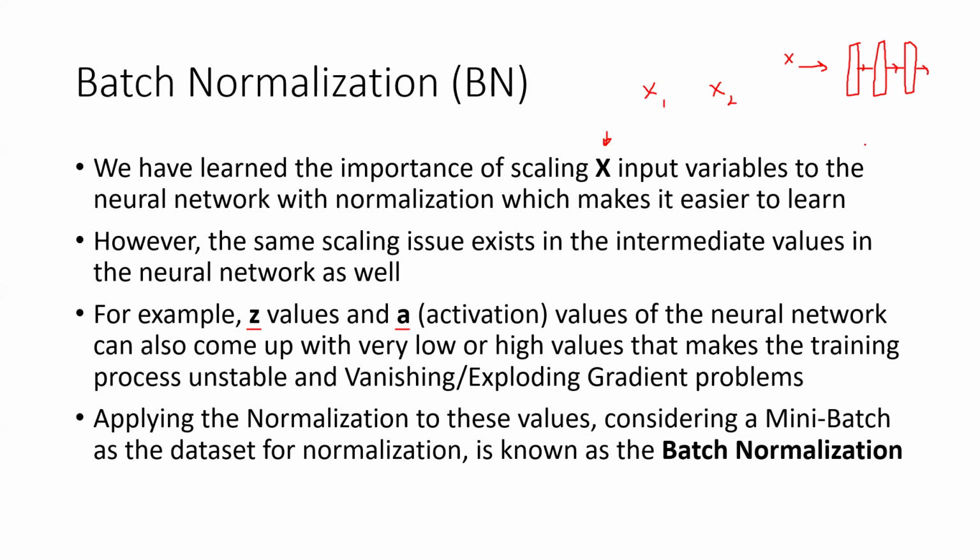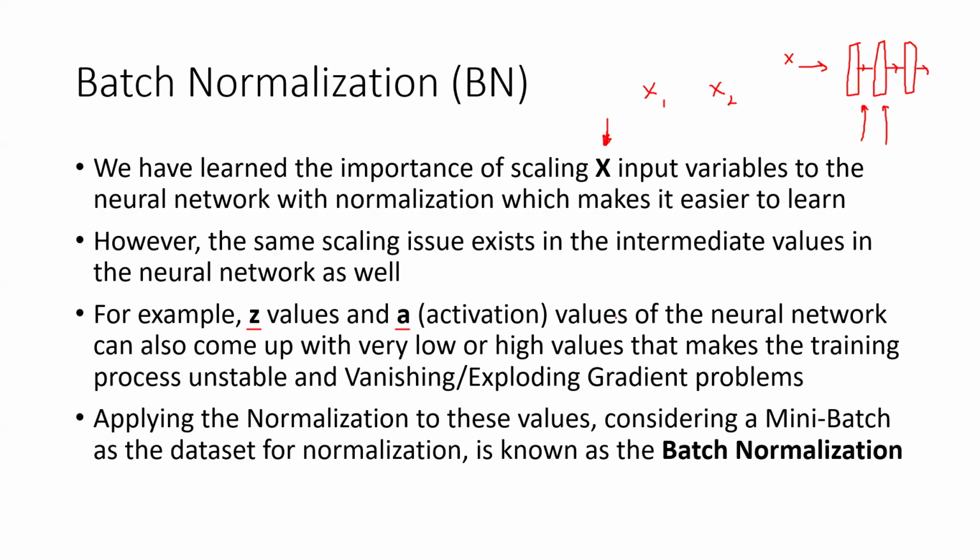In this case I am trying to isolate each of these layers independently and understand that if you can scale each of these layer outputs independently, then you would be able to learn much more easily, like what we have seen for the input layer x in the first slide.